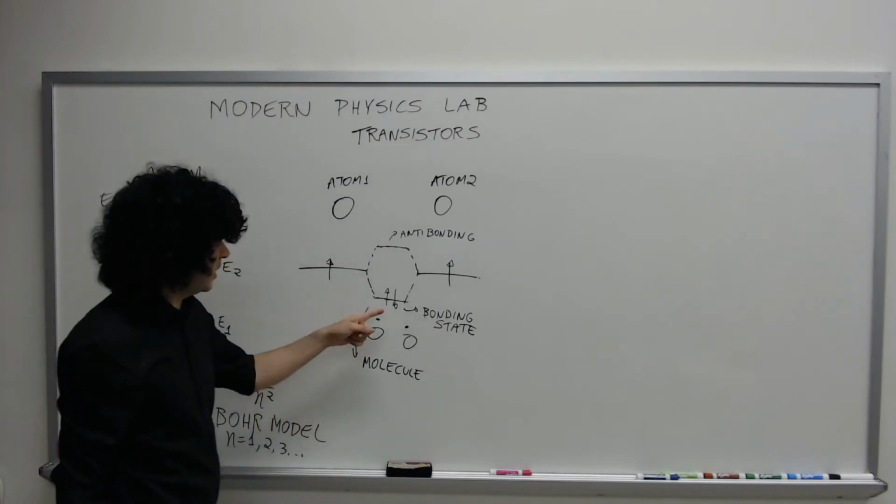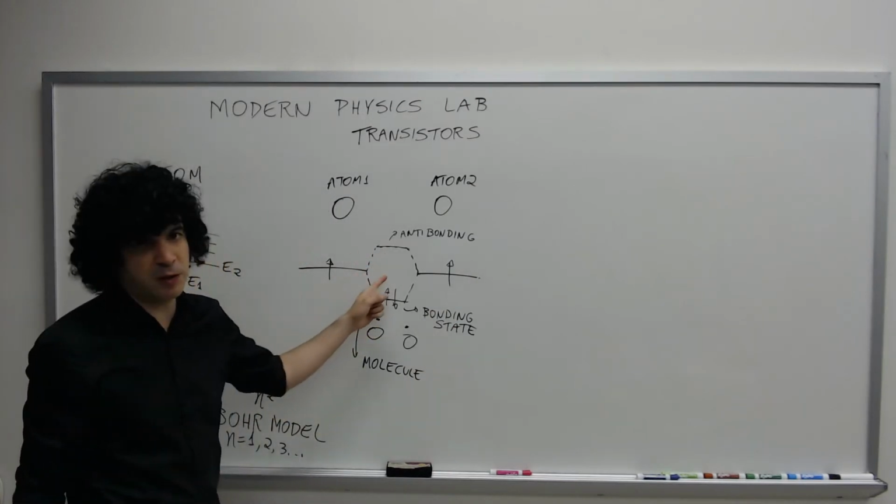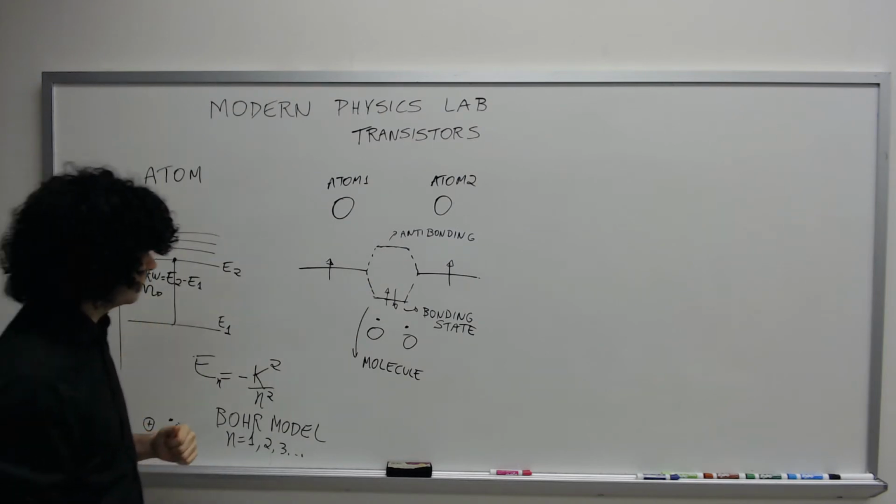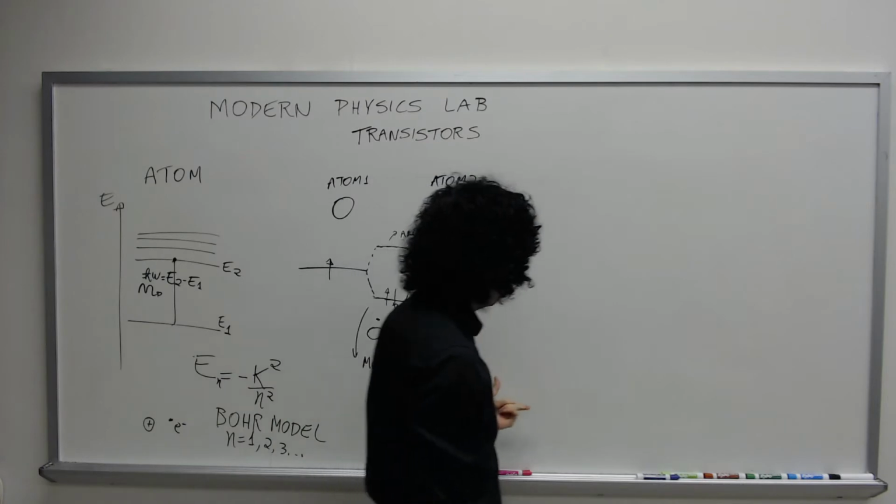And then you can take an electron from here to here by absorption of a photon, similar to the atom.